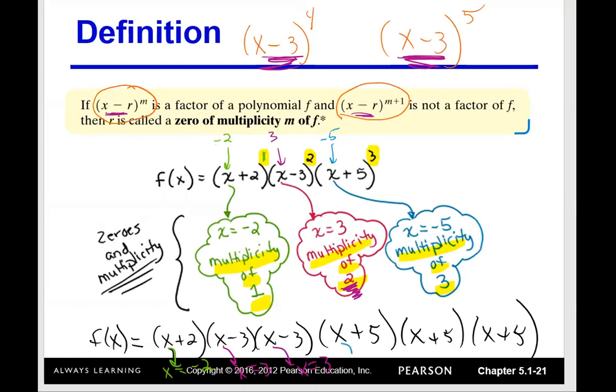And then over here, this x, this would be -5. But so would this one. And so would this one. So I've got 1, 2, 3 -5's. That's all that means, multiplicity of. I got 3 of them. But the short way to write it is x plus 5 cubed instead of writing it all out.